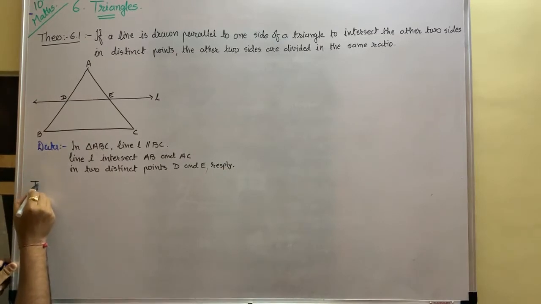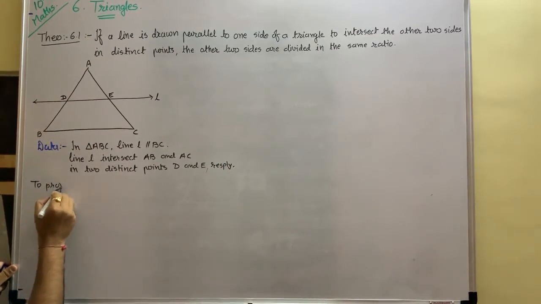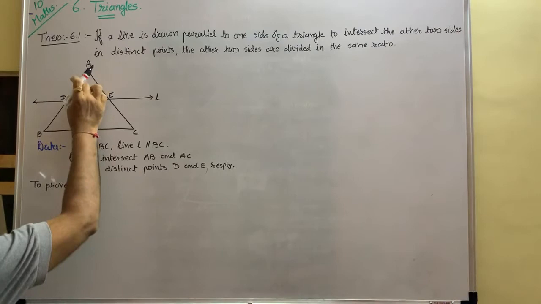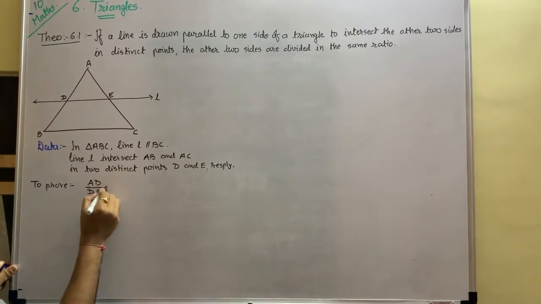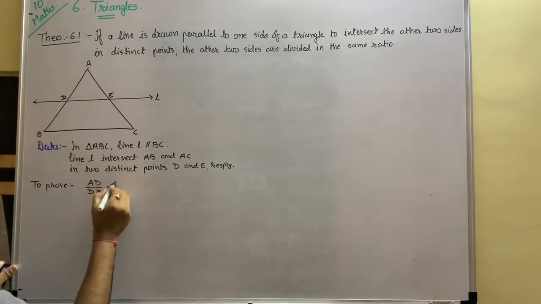Okay, to prove what? The sides AD and DB are in the same ratio, means AD upon DB equals AE upon EC.